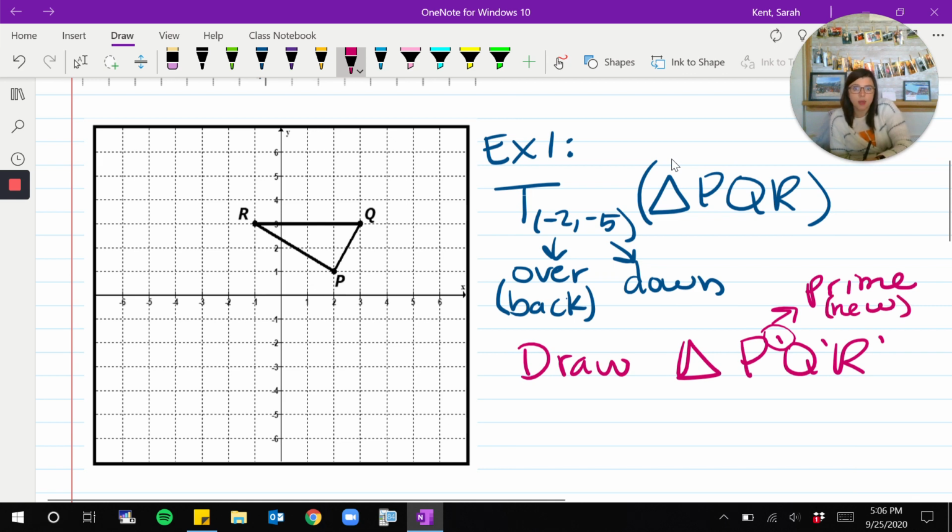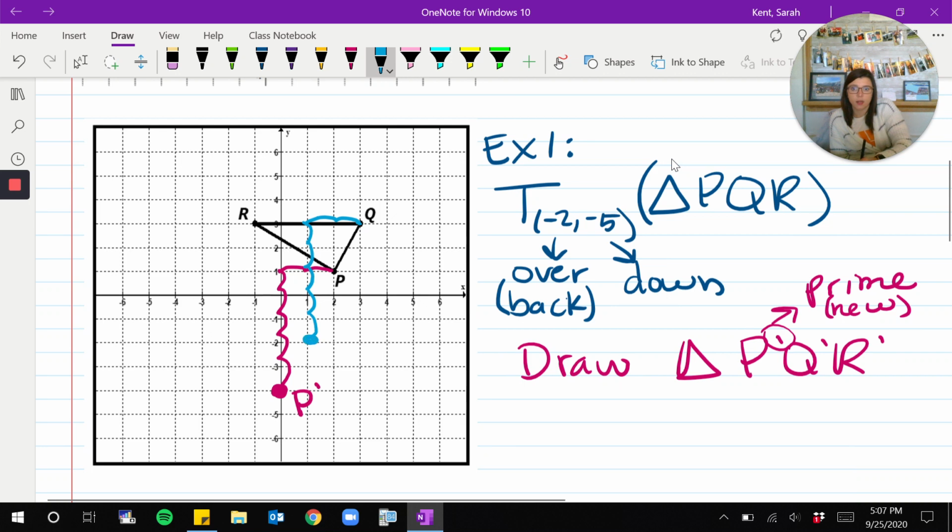So for point P, I want to go back 2. I'm going to go back 1, 2, and down 5. 1, 2, 3, 4, 5. This will be my new point. Then I do it again with point Q. I go back 2, and then I go down 5. 1, 2, 3, 4, 5.